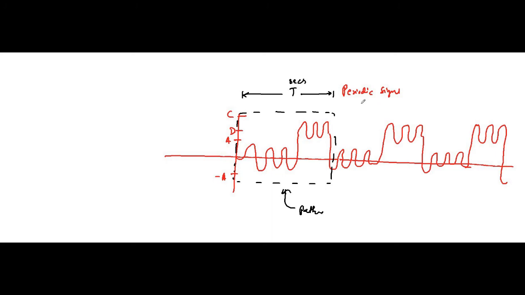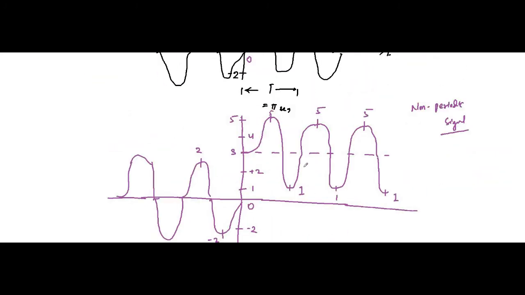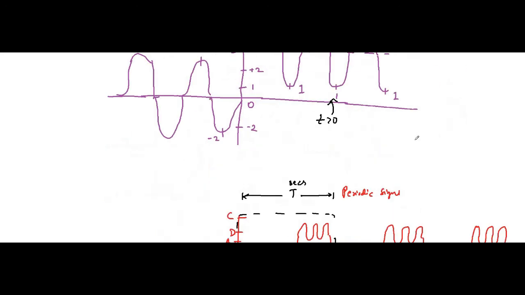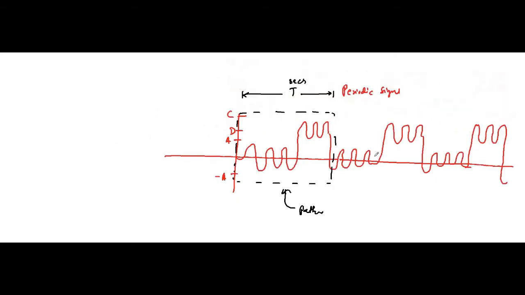This is a periodic signal. But the earlier one is not periodic, because for the entire positive time this is the pattern, and for the entire negative time this is the pattern, which are not repeating after fixed interval of time. That's why that is non-periodic, but this is a periodic signal.